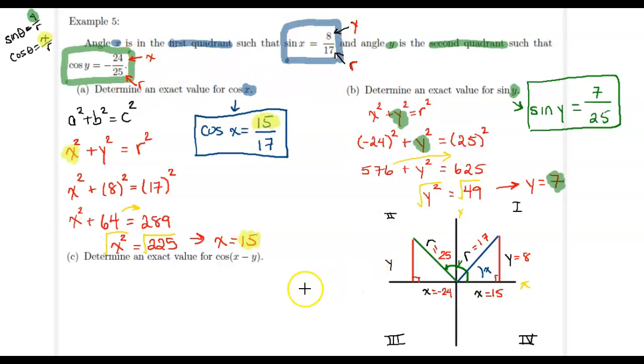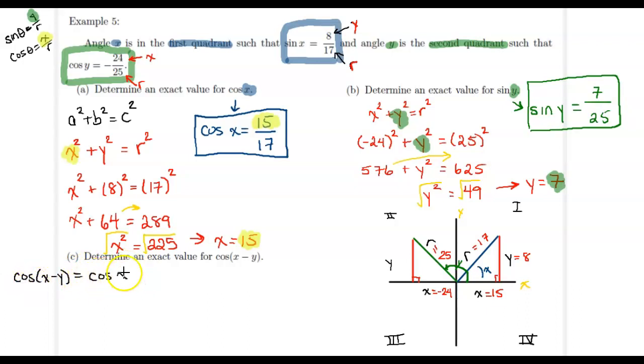Okay, so let's finish this up with part C. We're going to determine an exact value for this compound angle formula. So first, let's write out the compound angle formula. So cos of x minus y is equal to, remember cos always has the two coses first.